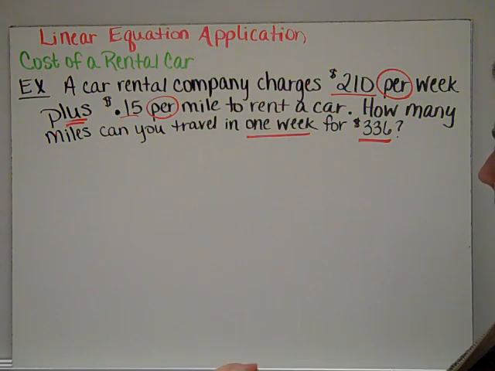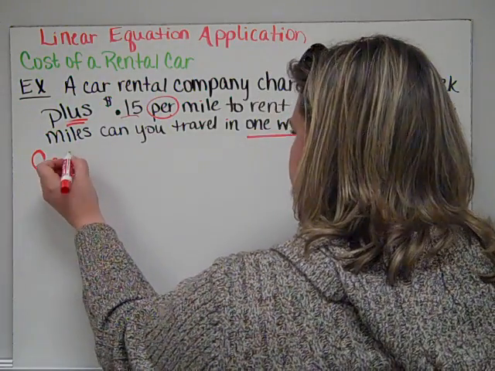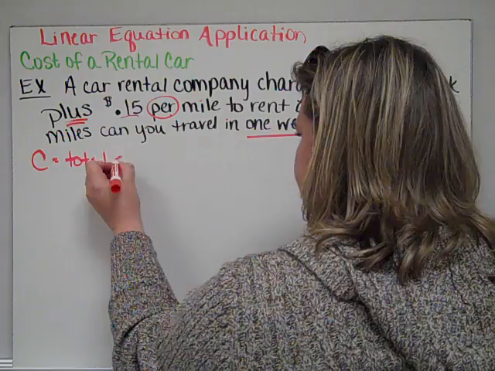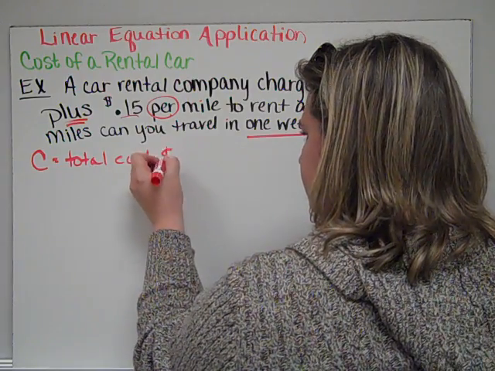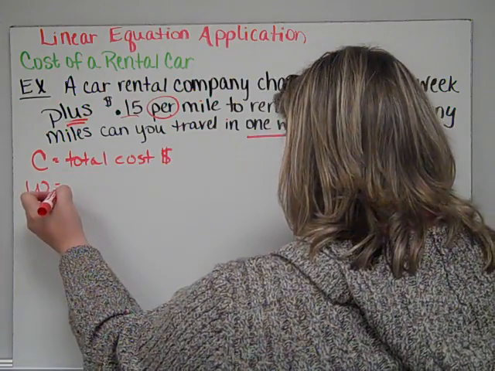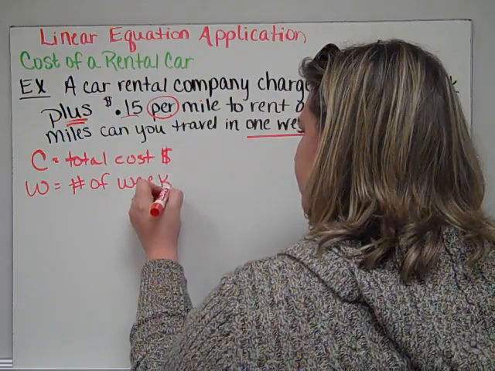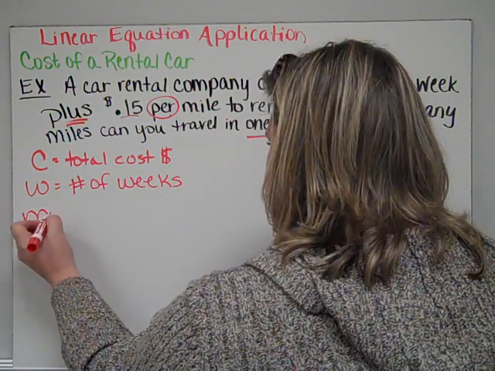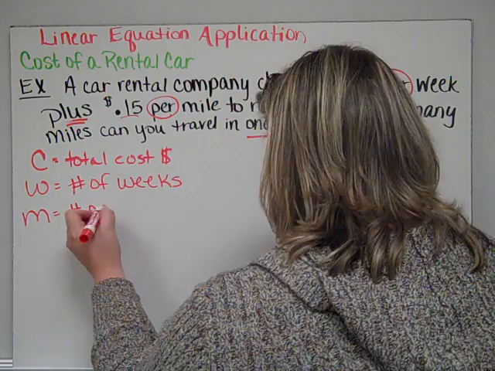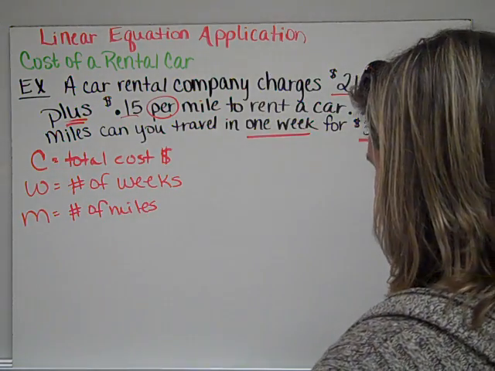We've got miles, we've got total cost, and we've got weeks. First, I've got total cost. Then let's use W for number of weeks, and M for the number of miles. Okay, so let's plug that in.